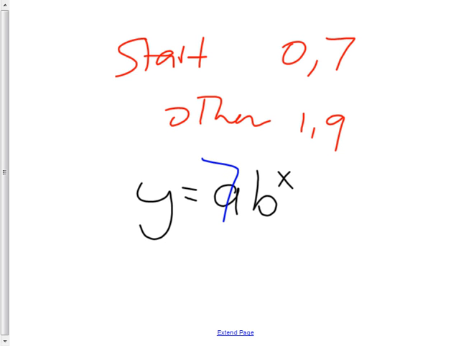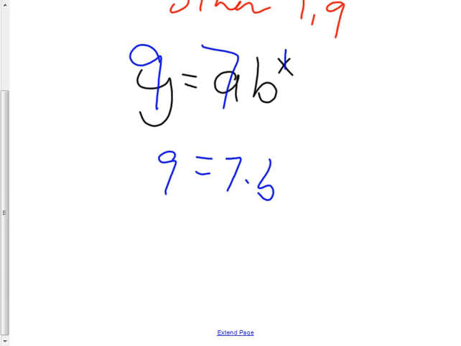How about the other point? X is 1, y is what? 9. So 9 equals 7 times b to the 1, which is the same as just b, and then I divide it, and it's 9/7 equals b. I'm almost done. So how do you finish then?